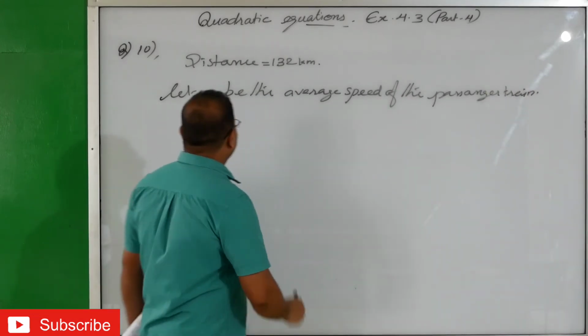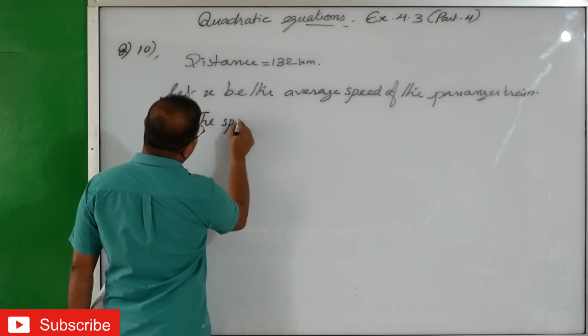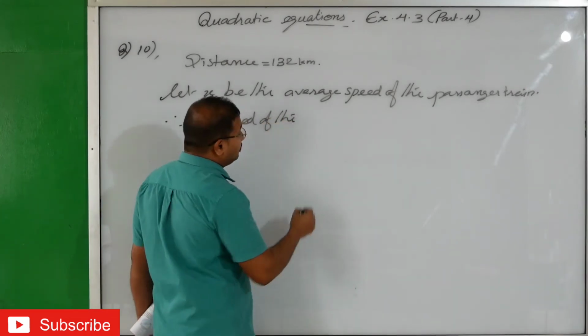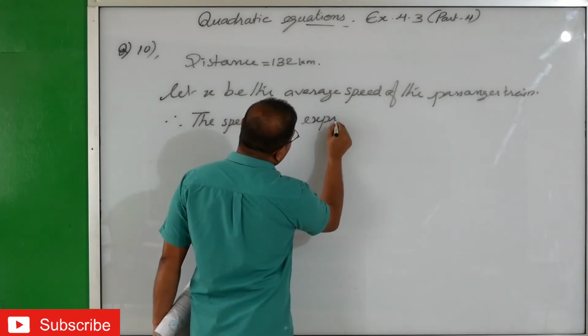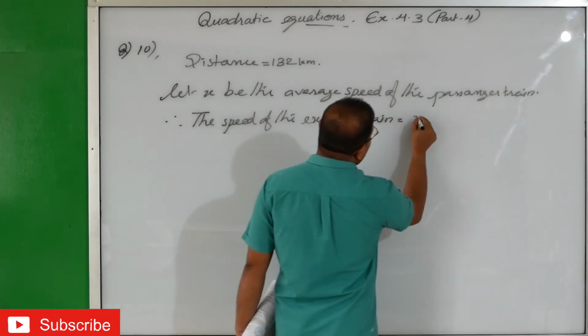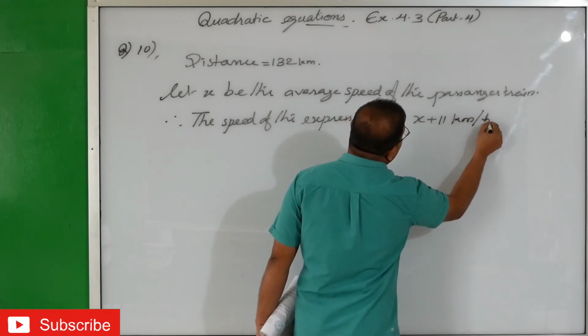Therefore, the speed of the express train equals x plus 11 km per hour.